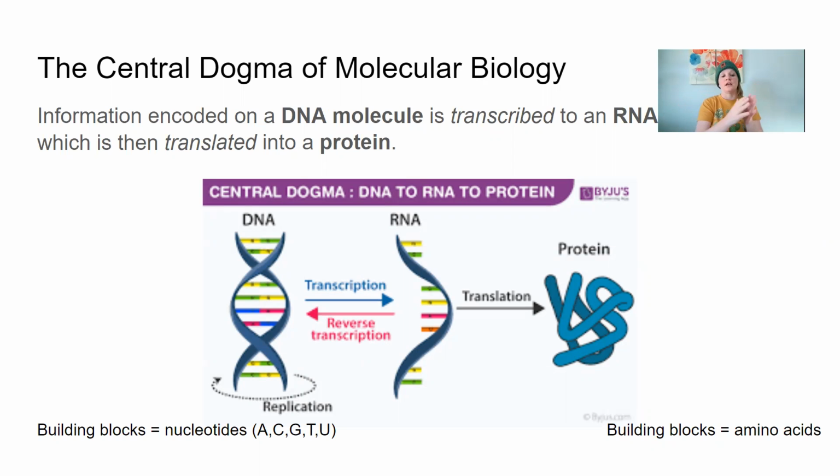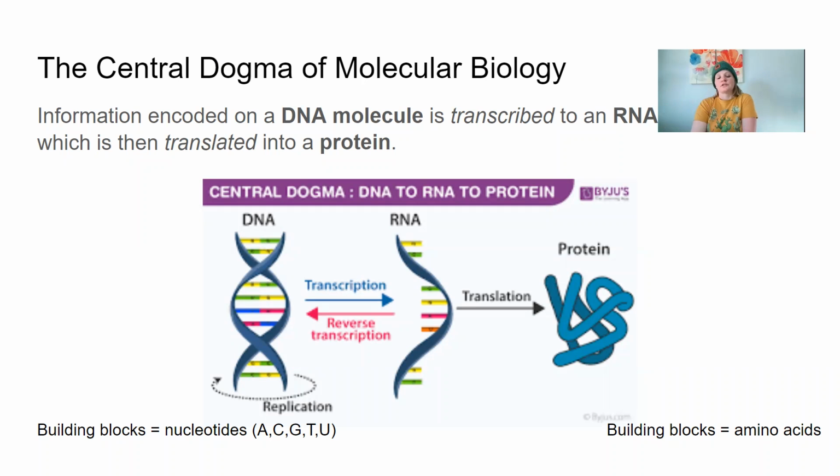And then we can take that RNA molecule and translate it into a protein. And so that's the central dogma of biology. So you can write this in your notes: DNA, arrow with transcription over it, RNA, arrow, translation, protein.